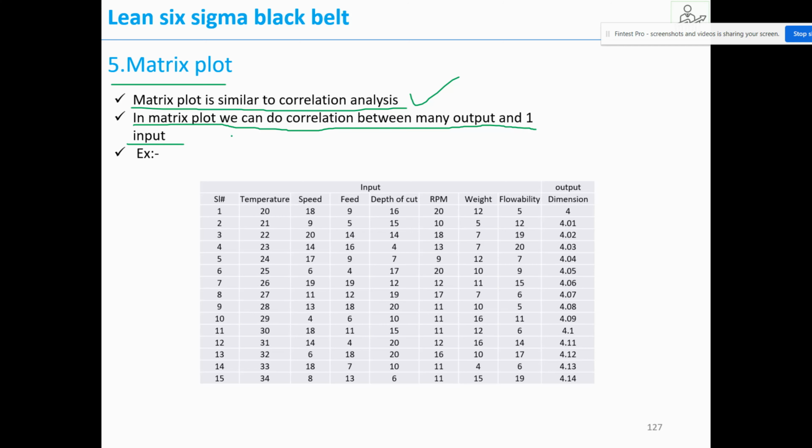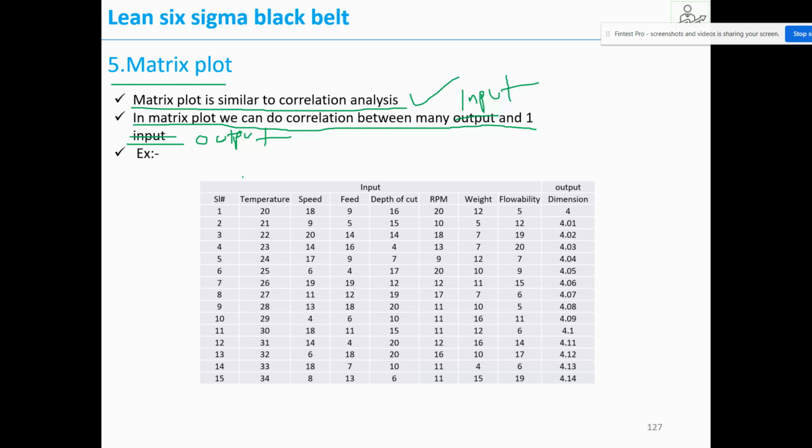So there are limited inputs and many outputs. Here we have to change it a little bit, to many inputs and one output. Suppose you had many inputs and there is only one output. How can you find a correlation at a time?